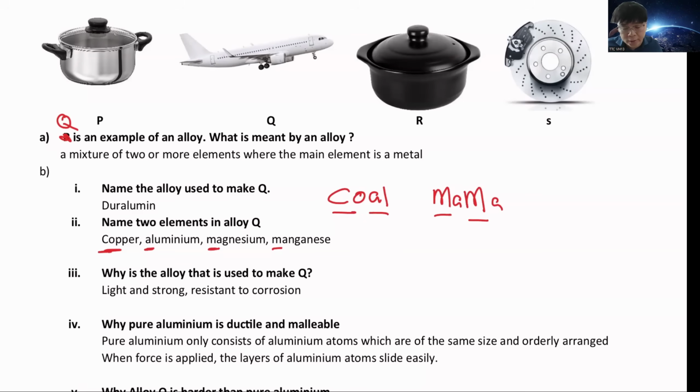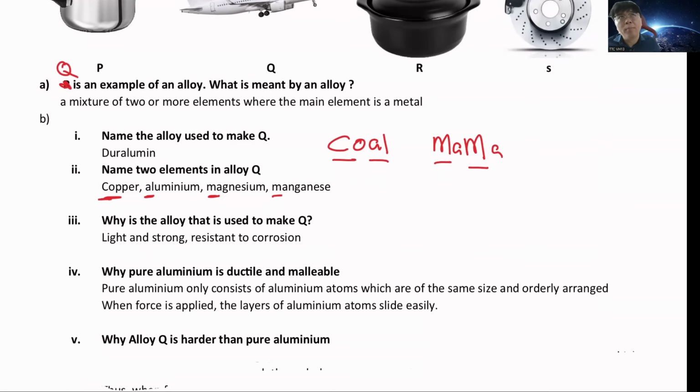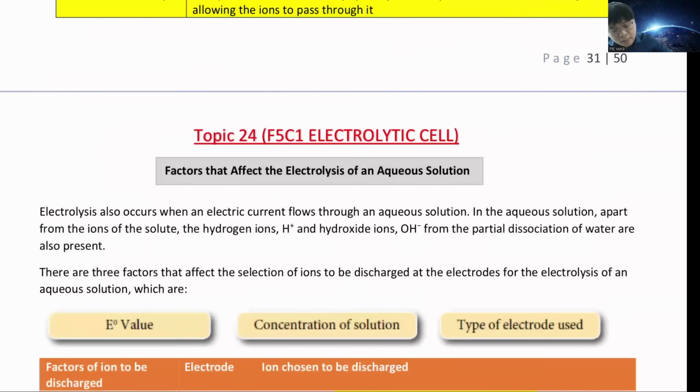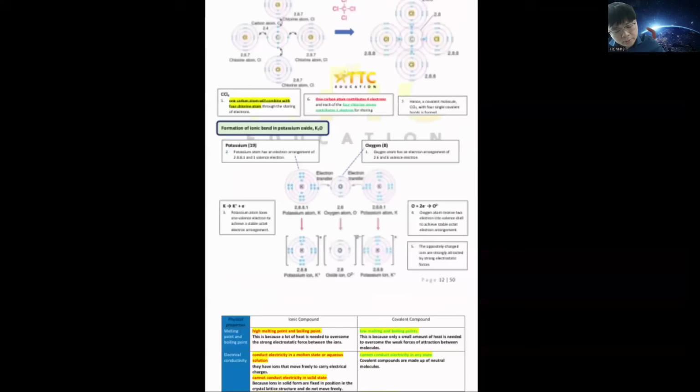Then, they might ask why pure metals are soft. You can mention that pure metal atoms are all the same size and orderly arranged. So when force is applied, they are able to slide over each other easily. For alloys, I'll show you the notes here.